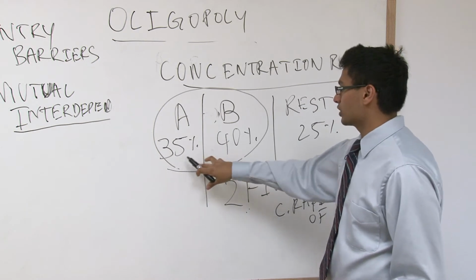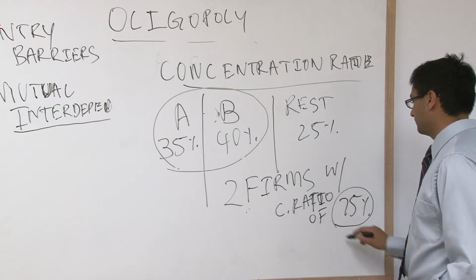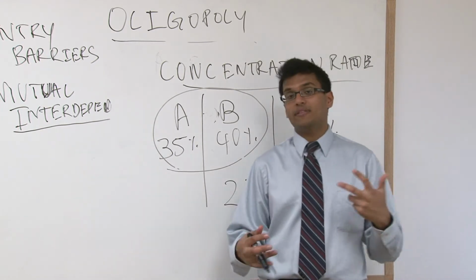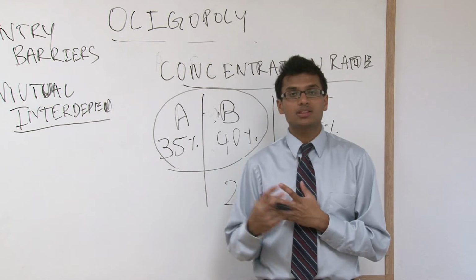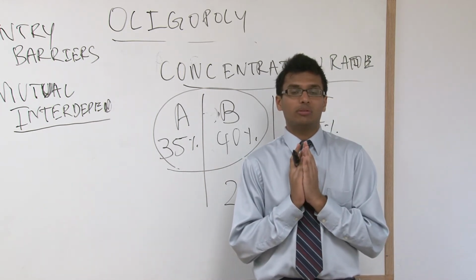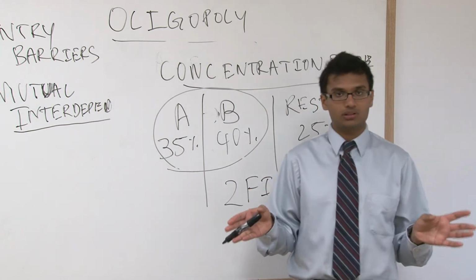You just add up the market shares, 75%. So the way we describe this market is, the airline industry has two major manufacturers. Together they control about 75% of the market. That's the way you say concentration ratio.